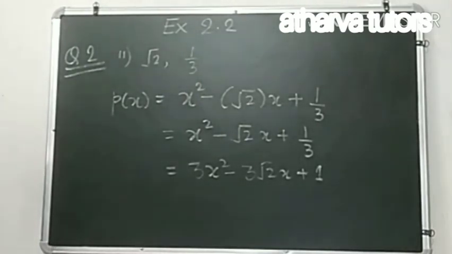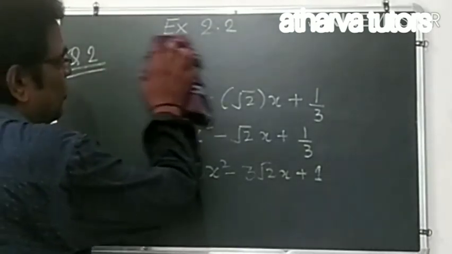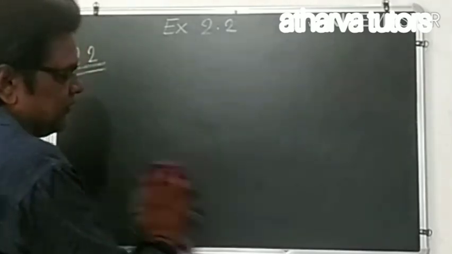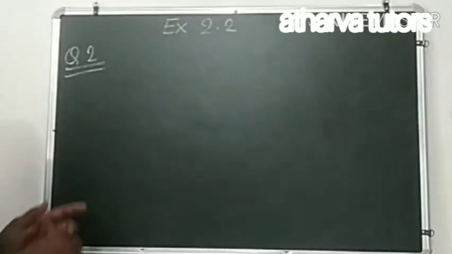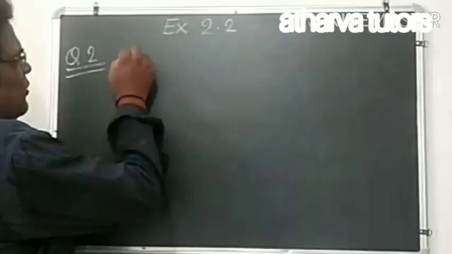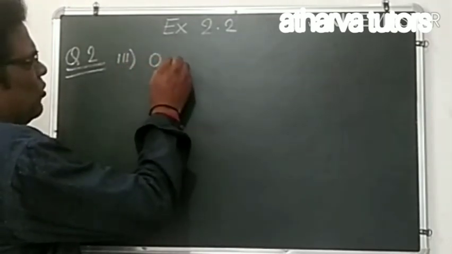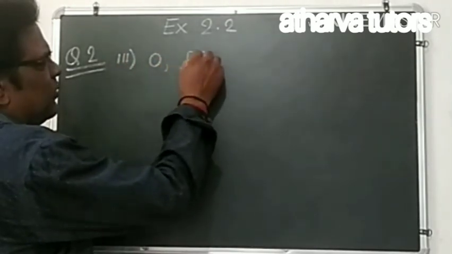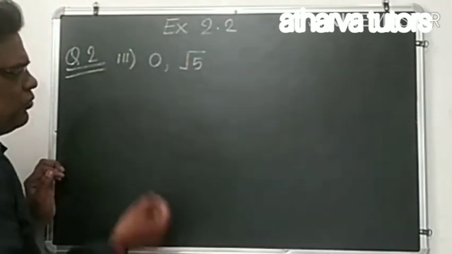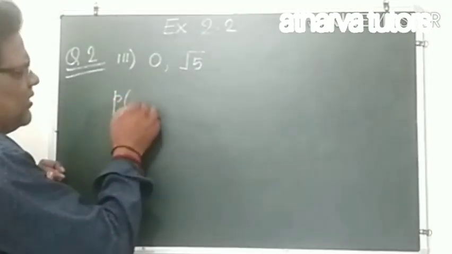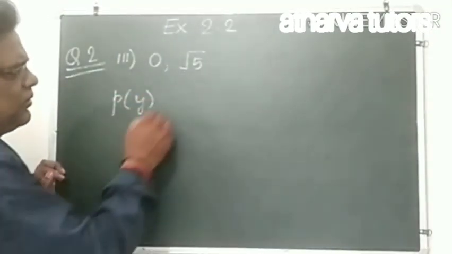Now let us move to the next question. Third question: sum is 0 and product is root 5. Very simple. Now I am changing the variable. I am taking y as the variable.